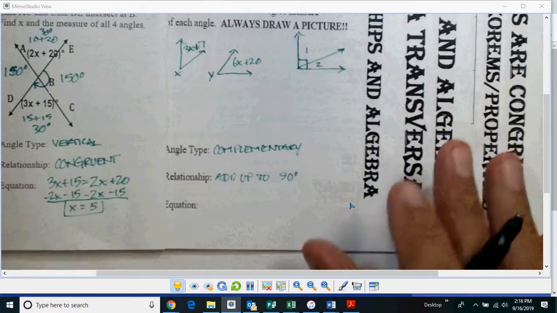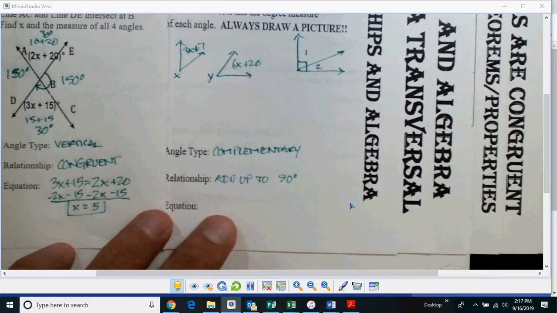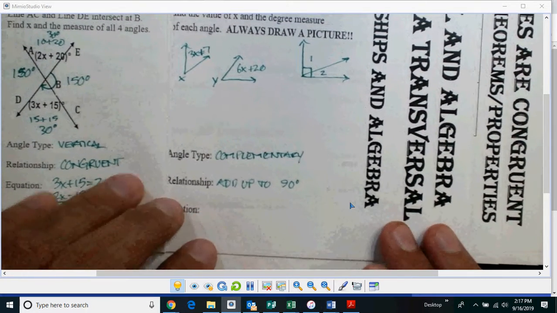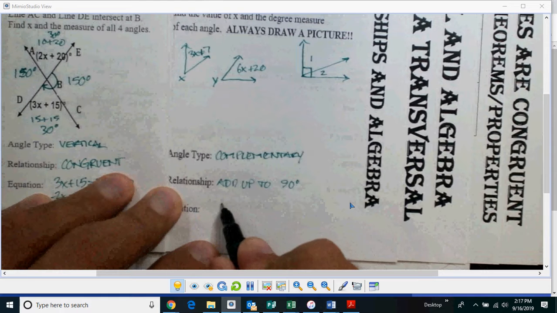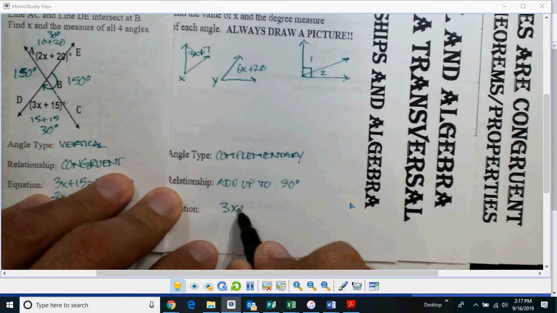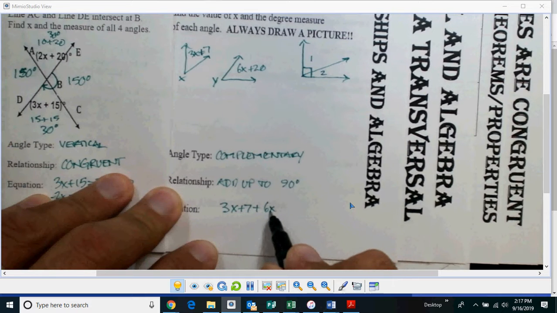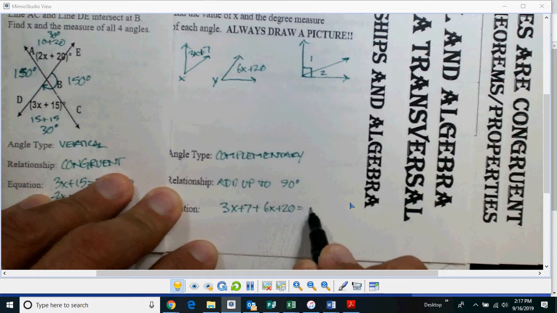How do I set up my equation? Let's say 3x plus 7, which is angle x, plus angle y, 6x plus 20, equals 90.